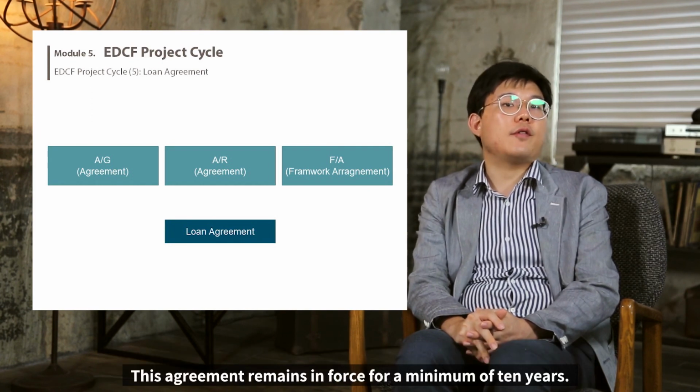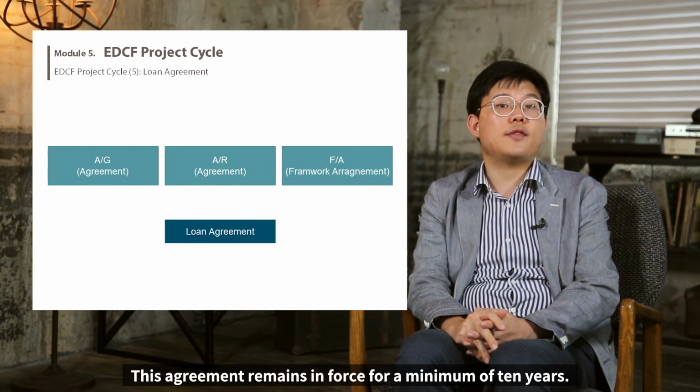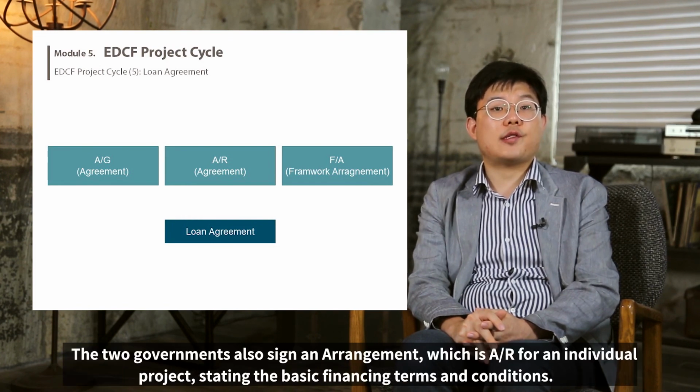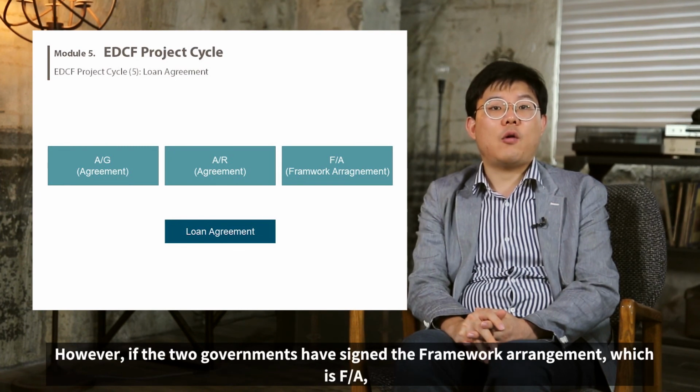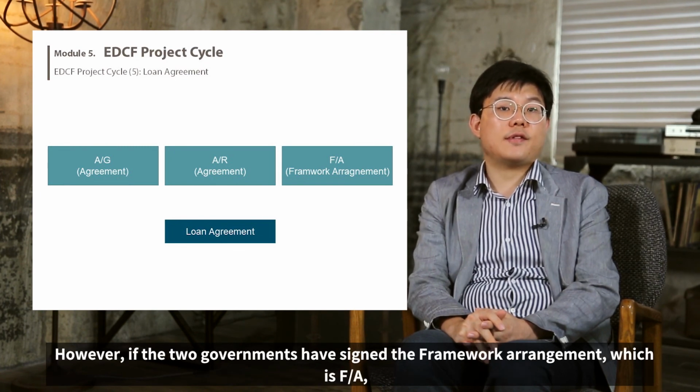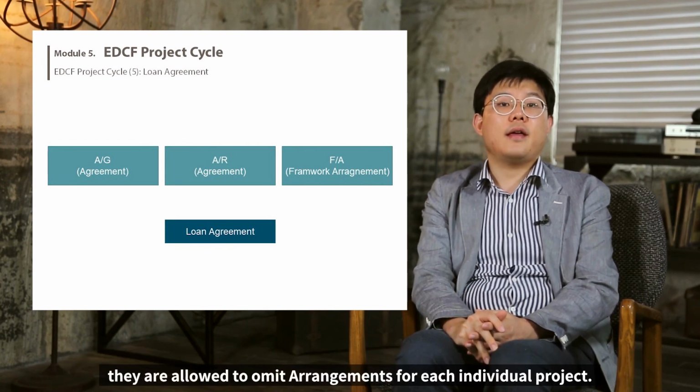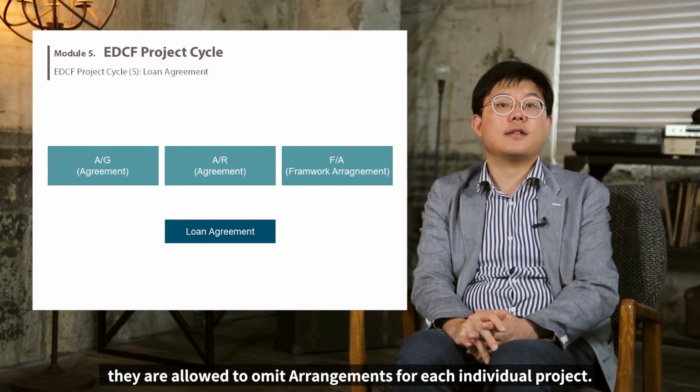This agreement remains in force for a minimum of 10 years. The two governments also sign an arrangement which is AR for an individual project, stating the basic financing terms and conditions. However, if the two governments have signed the framework arrangement, which is FA, they are allowed to omit arrangements for each individual project.